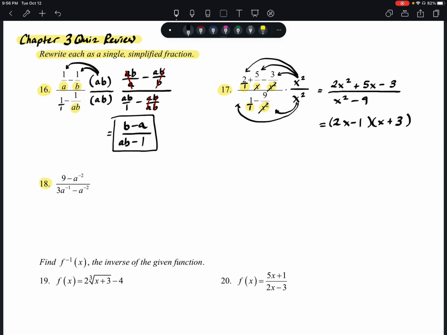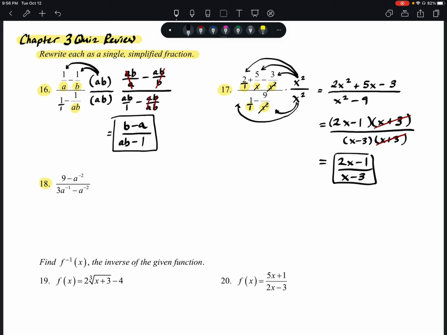So 2x minus 1 times the quantity x plus 3 over a difference of squares, so x minus 3 times x plus 3. And now we'll see that this factor and this factor can cancel, and our answer ends up being 2x minus 1 over x minus 3. There you go. Now let's go ahead into number 18.